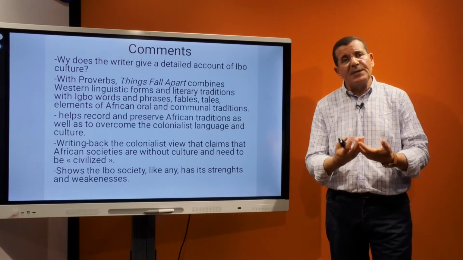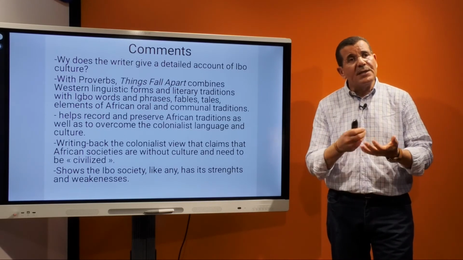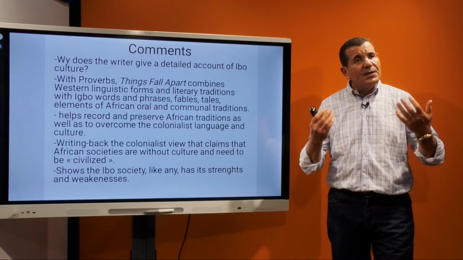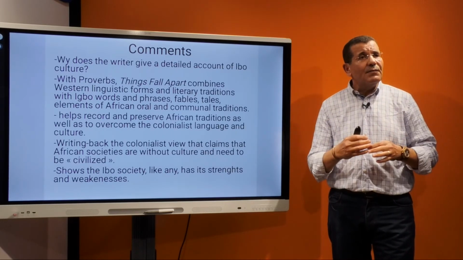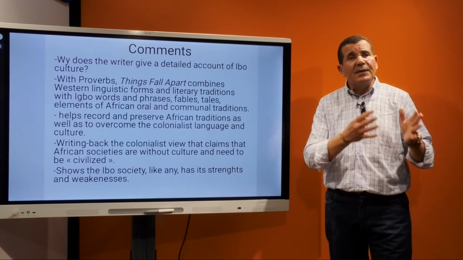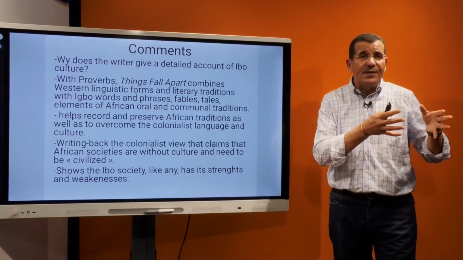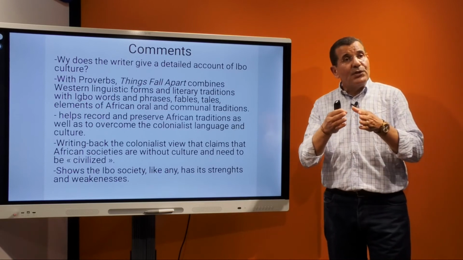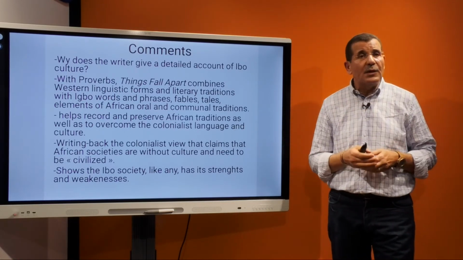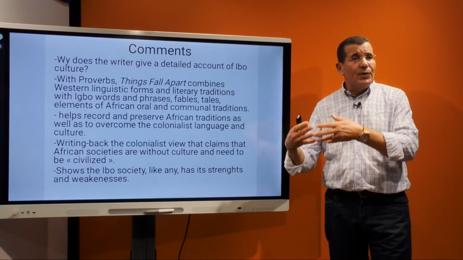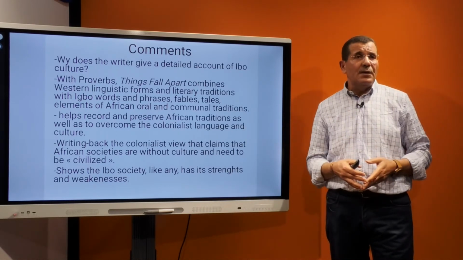The problem with this culture is that it is not written. And so the means that Achebe is using is English, and in writing a novel, we find that we have 3 levels of language. We have the standard English, we have the pidgin, which is the medium between the oral and standard language, and we have orality, which is predominant in the first part.